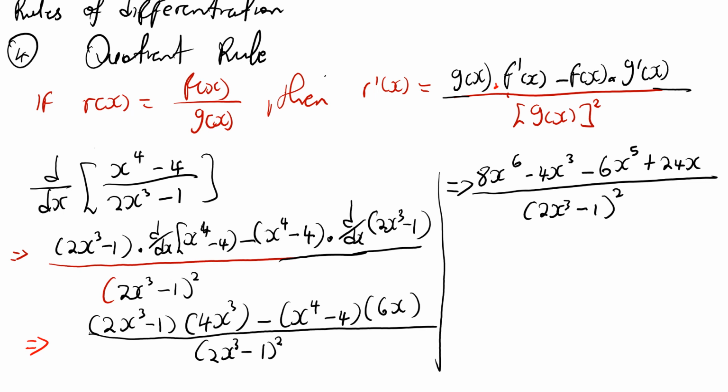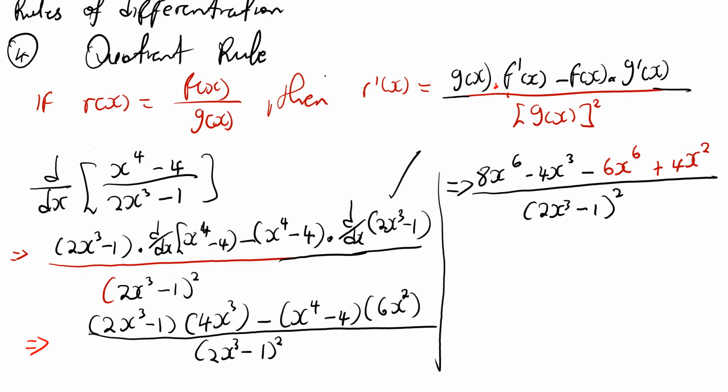Oh sorry, I made a mistake when I differentiated this one. We are going to get 6x squared, not 6x. Sorry for that. Let me fix it. We are going to have 6x squared, because when you subtract 1 from 3, we get 2. So now we have x to the power of 4 times 6x squared, which gives 6x to the power of 6, and then plus 4x squared.